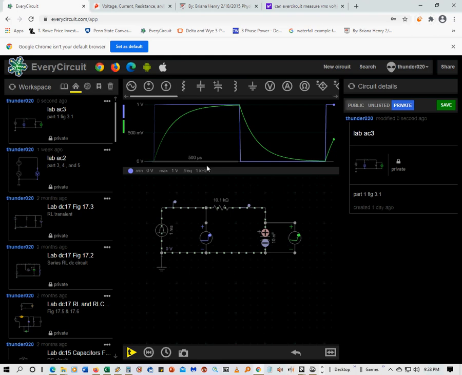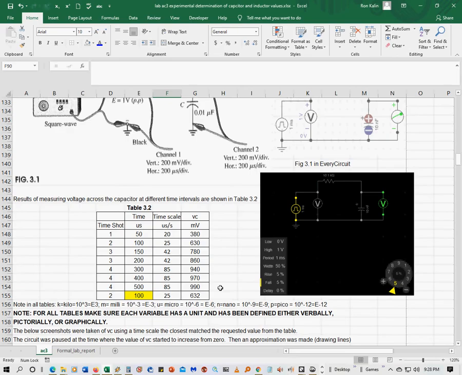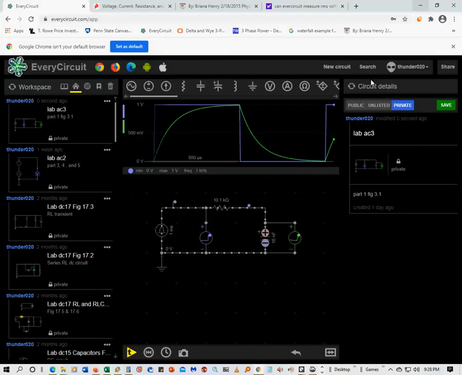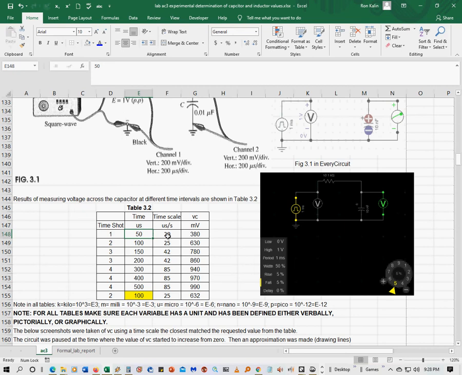So in order to determine this, the first data point is asking for 50 microseconds, right? So you have to set your time scale. I actually put my time scale on here. I set this to 20 to get it to the first data point, and there's a reason for that.